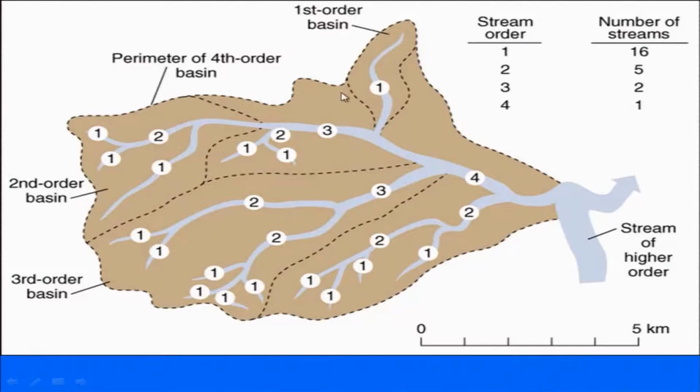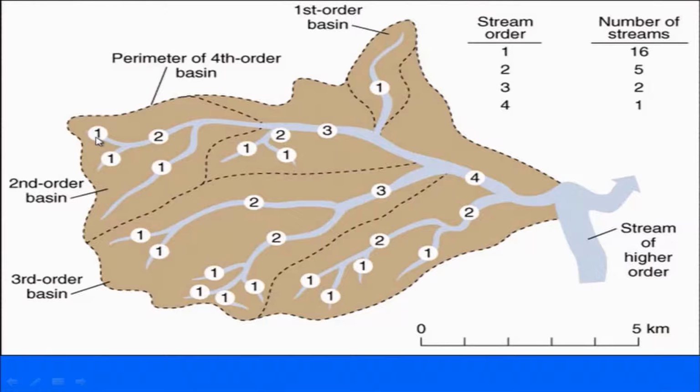So you can have the area of the drainage basin, which has been shown over here, or the perimeter of the basin, and what we have within this basin is the fourth order, because the order has been given.